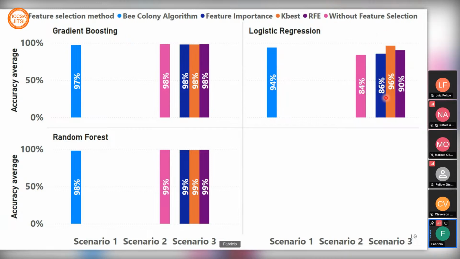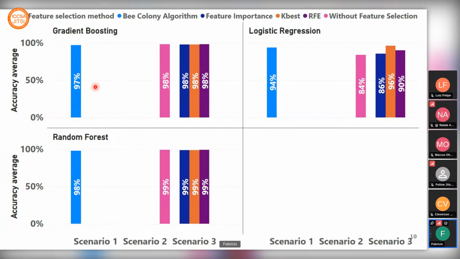And when you use the other feature selectors, two of them are worse than the ABC, and one is better. K-best was the best one.